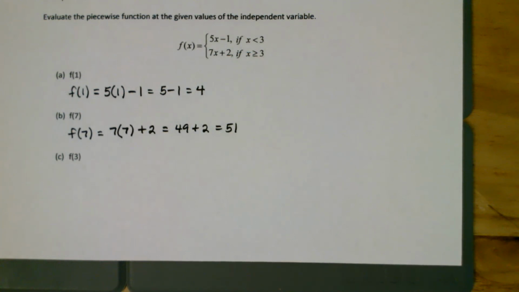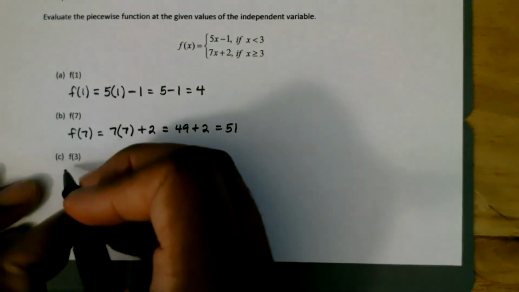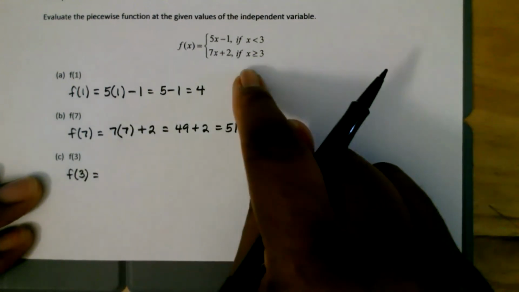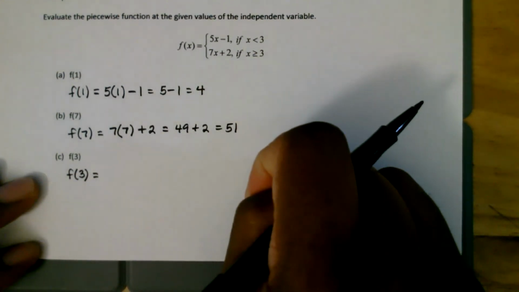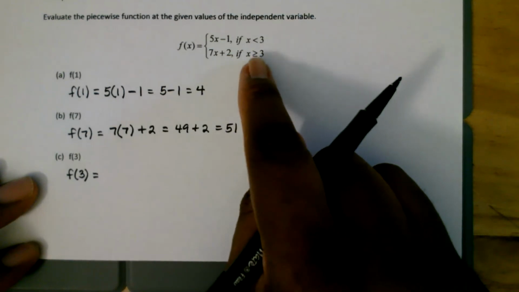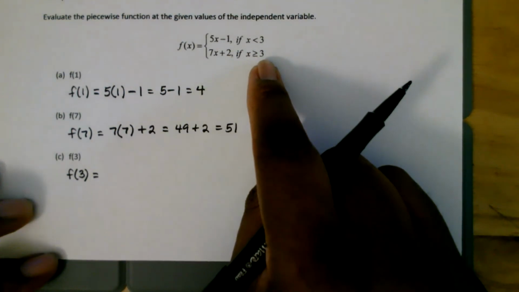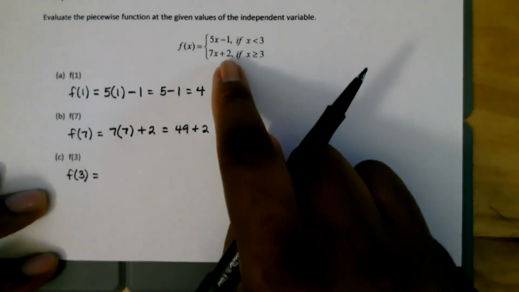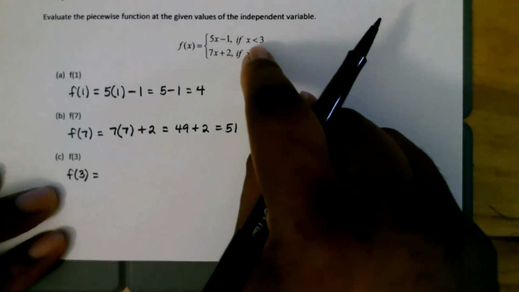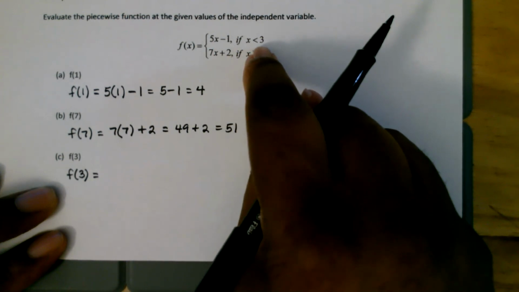And finally, f of 3. We're evaluating this piecewise function when x is equal to 3. We have to use the second one because it says x is greater than or equal to 3, and 3 does equal 3, so we need to use the 7x plus 2, not the 5x minus 1, because it says x is strictly less than 3.